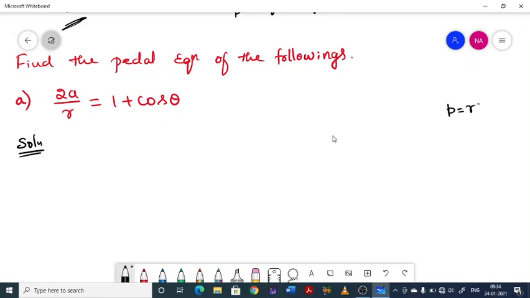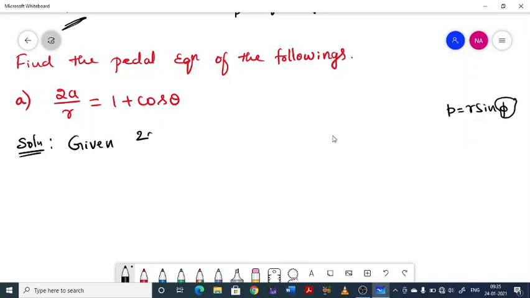As I said, p equal to r sin phi, or 1 by p square equal to 1 by r square times 1 plus cot square phi. Now let us try to solve this equation to get phi. If you get phi explicitly, then you can use this formula. Otherwise, the second one.